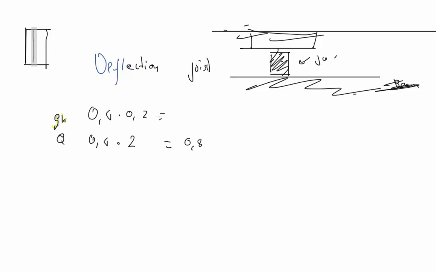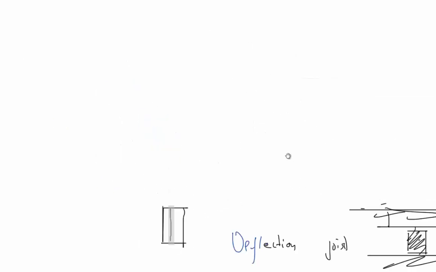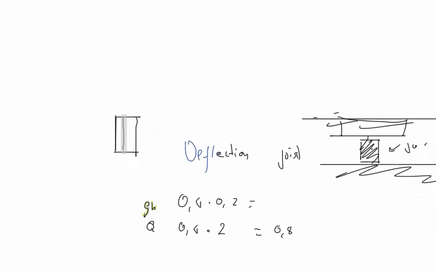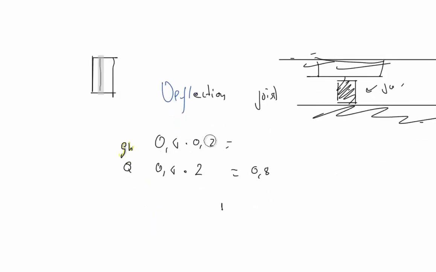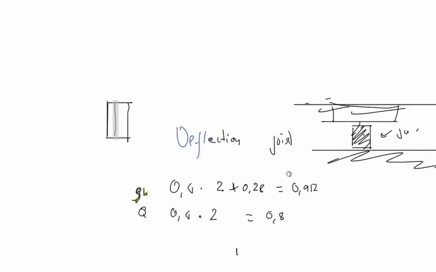Actually, I think I made a mistake here as well. Let's see this. Yeah, so obviously this is incorrect. So the GK was what we said before: the finishing material would be 2, plus the joist itself, which is 0.28, so that would be equal to 0.912. Just going to double check so I actually understand.